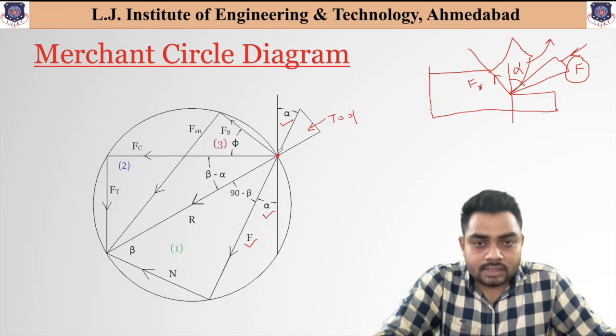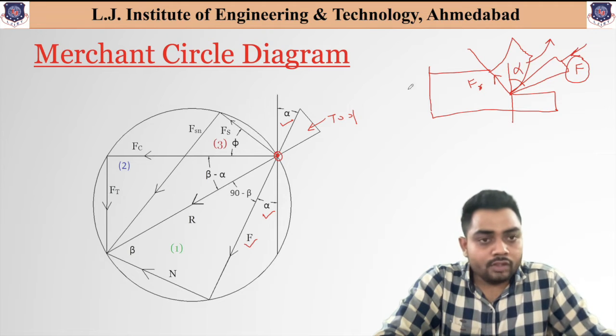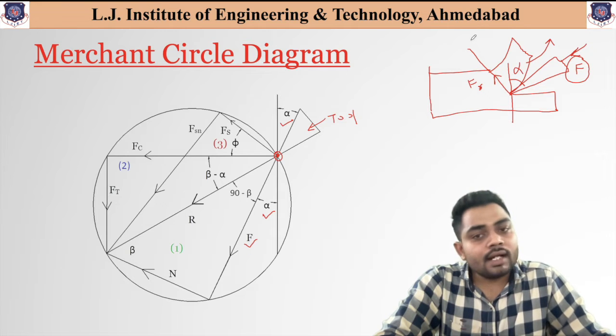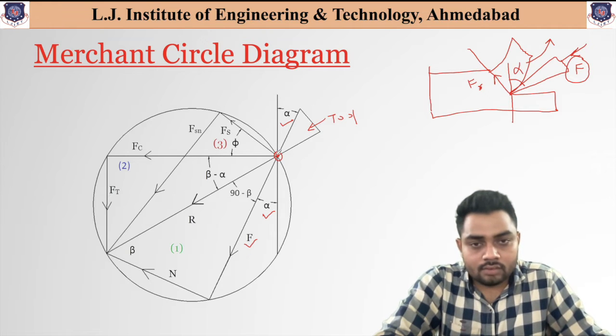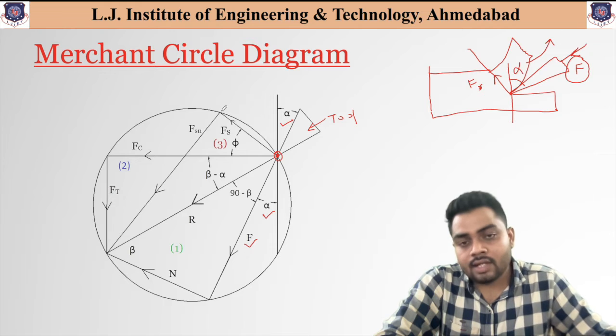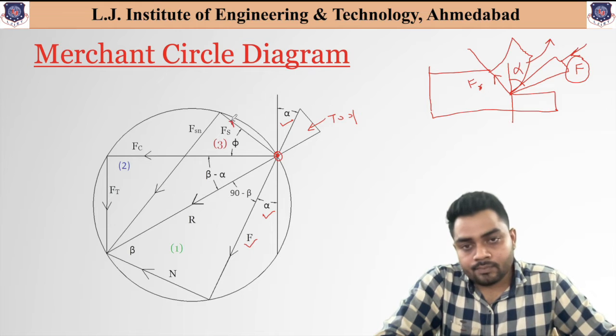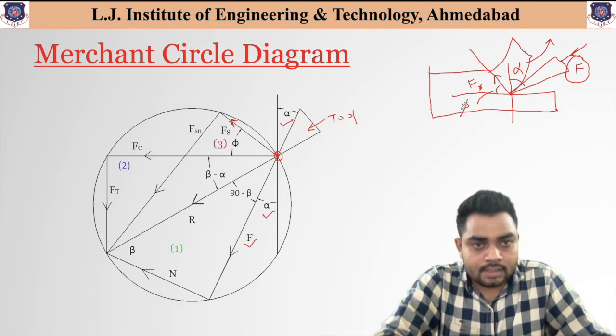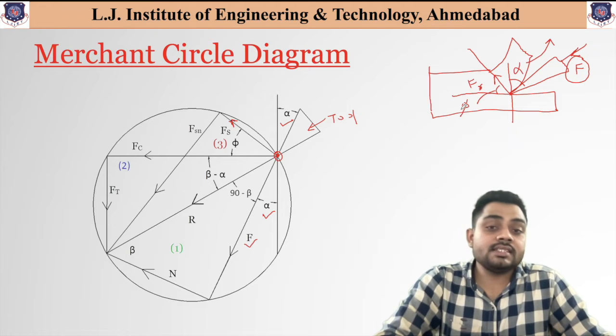Similarly, from this point we know that the shearing force is acting in the upward direction. So here we have drawn the shearing force Fs, as you can see, and this shearing force makes a certain angle with the parallel, and this angle is indicated as phi, which is nothing but the shearing angle.